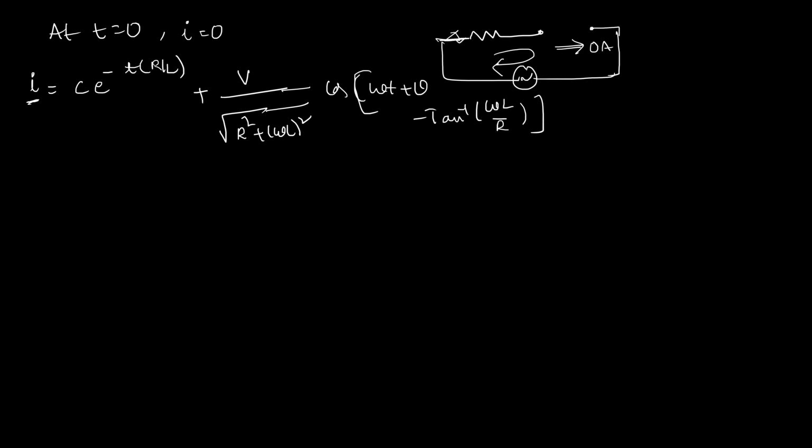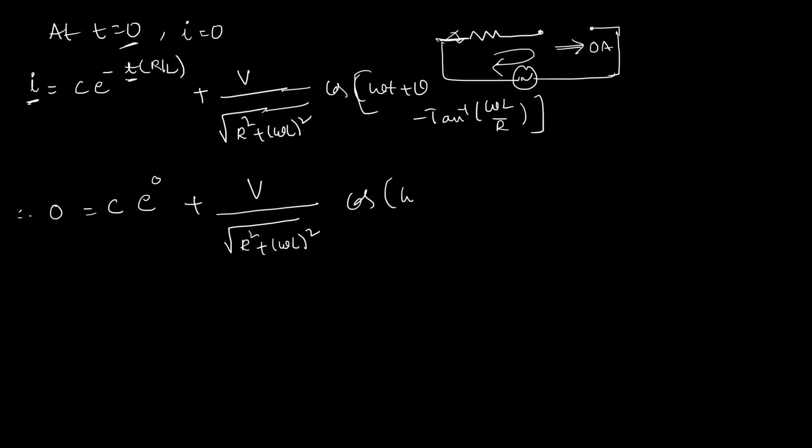Now you substitute the conditions. Instead of I, we write 0, equal to C into e power, T term is there, no? What is the t value here? 0. Anything power 0 is 1, plus V by root of R square plus omega L square into cos omega t, where t is 0, so cos of theta minus tan inverse of omega L by R. Now can you write the expression for C?